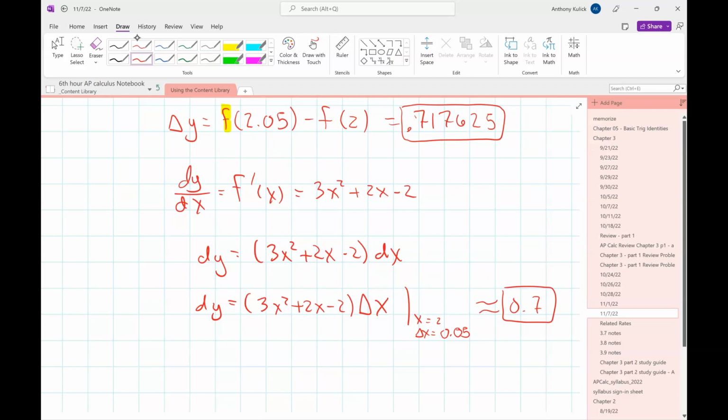Aren't those two values, 0.7 and 0.71765, like the same? Like they're both being expressions of the change in y, correct?